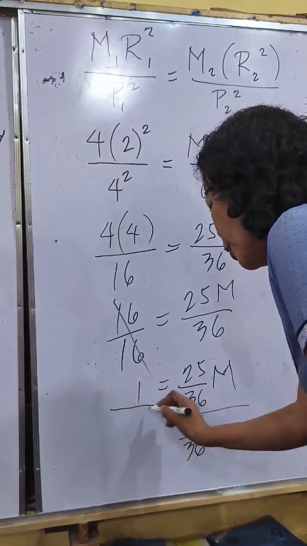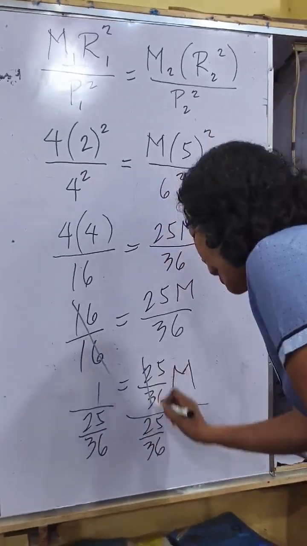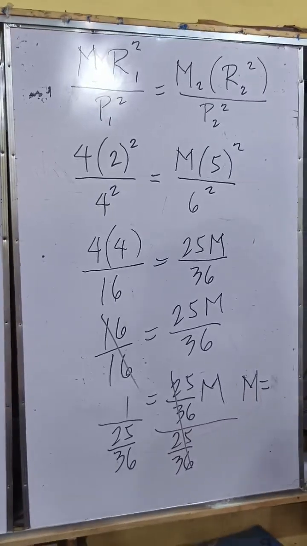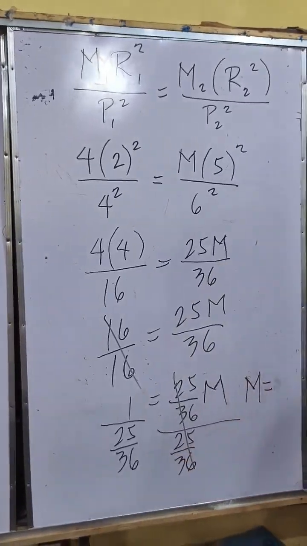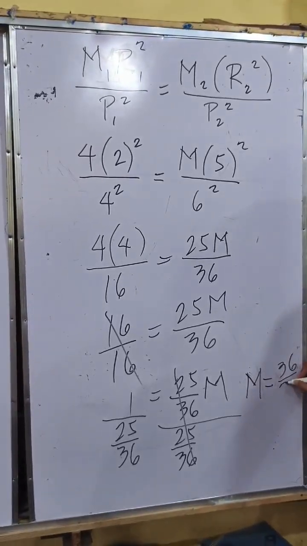So here you also divide 25 over 36, so that you can cancel and what will be left is the value of M, which is equal to the reciprocal of 25 over 36, which is 36 over 25.